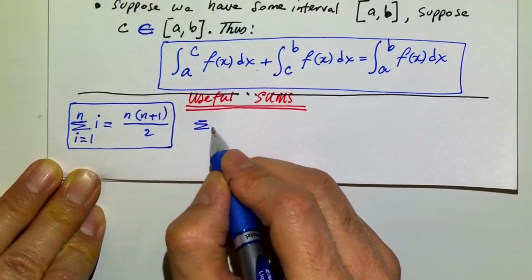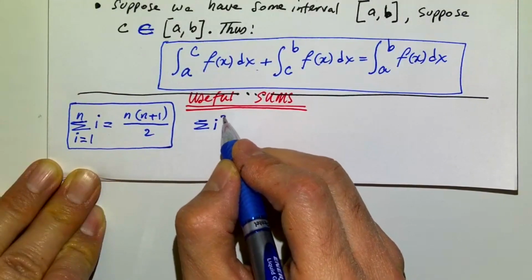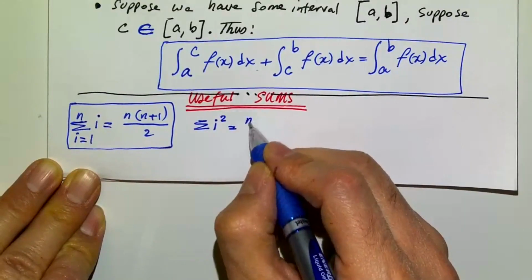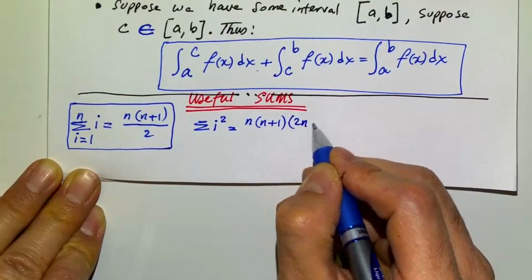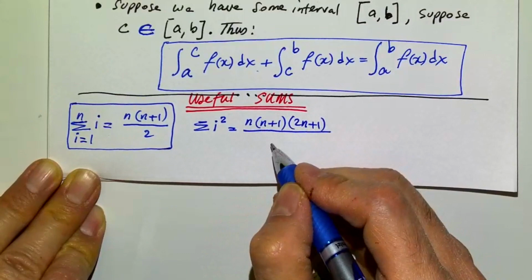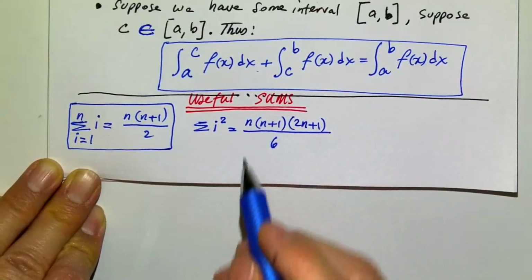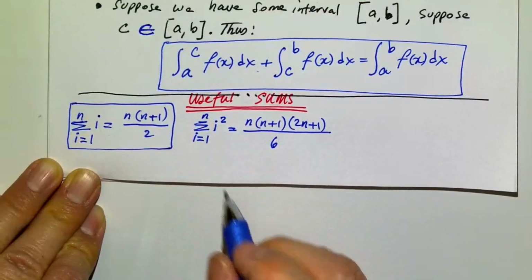Another useful one is for i squared: the sum of i squared is equal to n times n plus 1 times 2n plus 1 over 6. So it goes from 1 to n again, right?